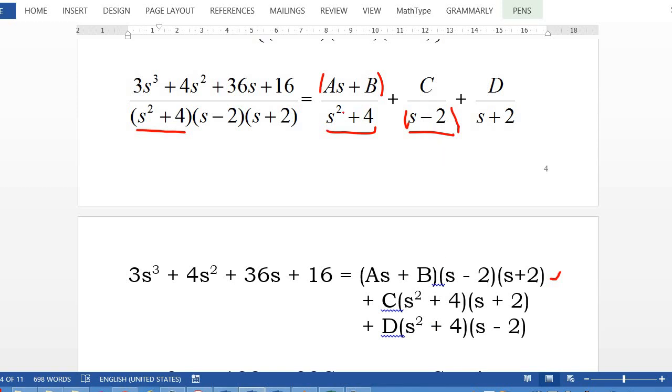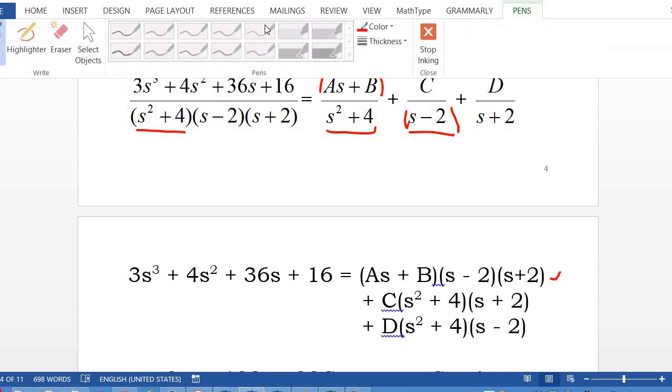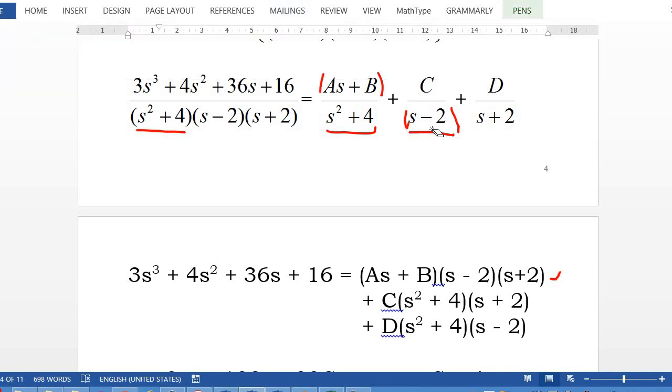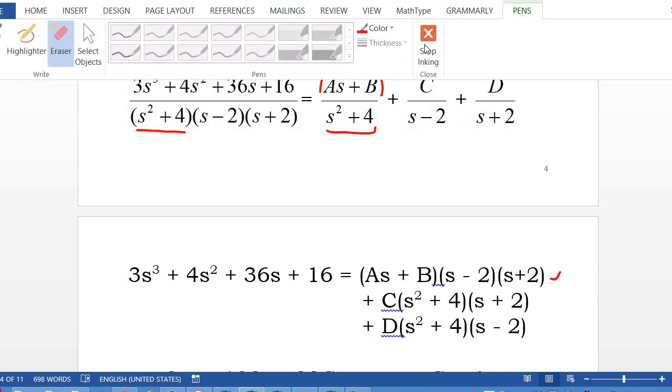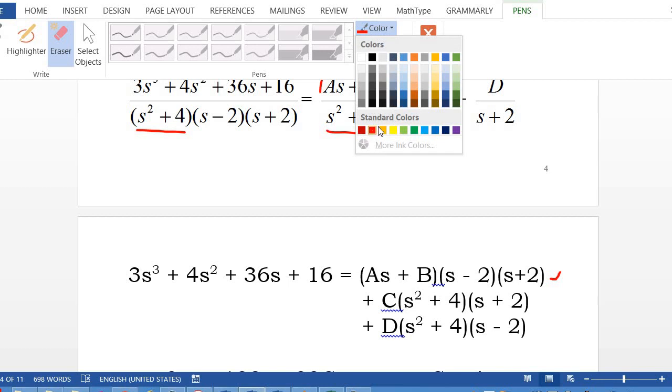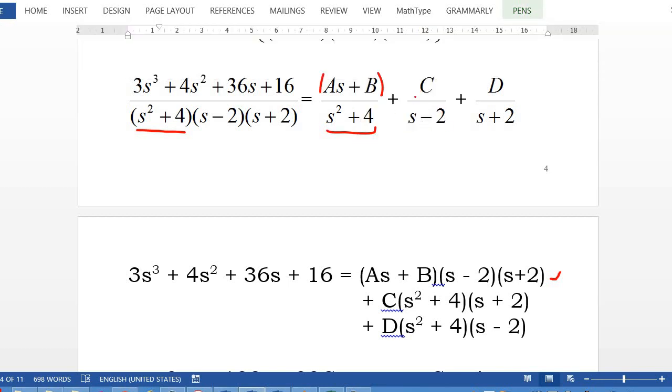I repeat, it's actually very easy. As plus B is multiplied with the other two factors of the denominator, so As plus B times s minus 2 times s plus 2. For the C term, we multiply like this: C times s squared plus 4 times s plus 2.